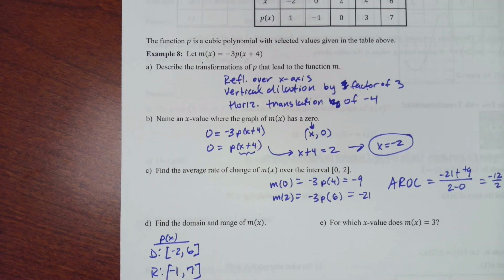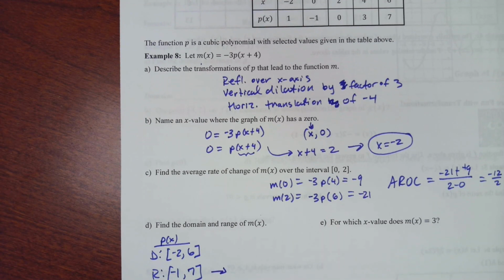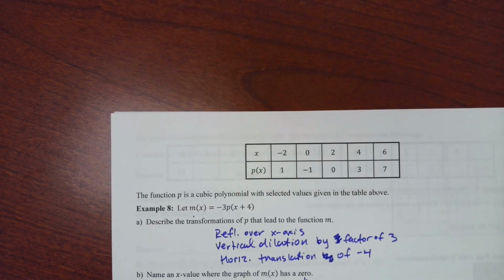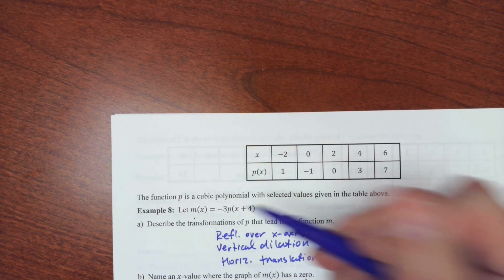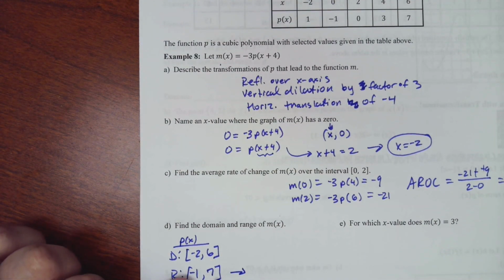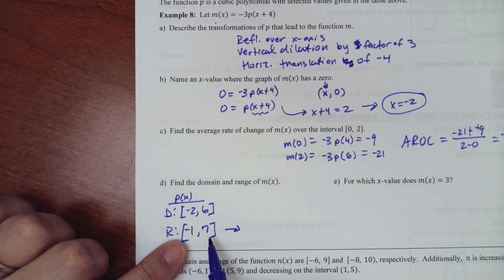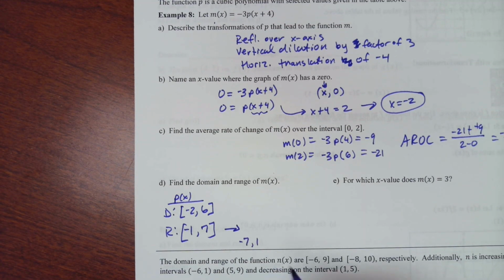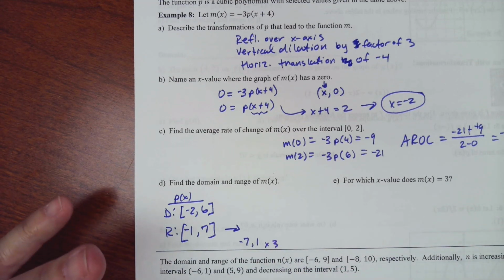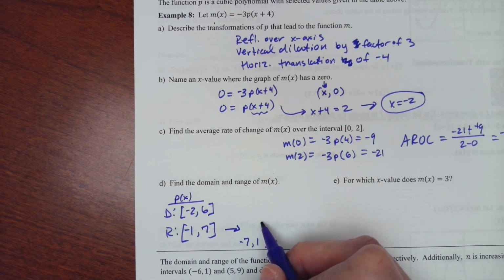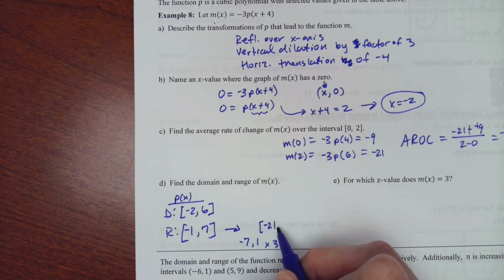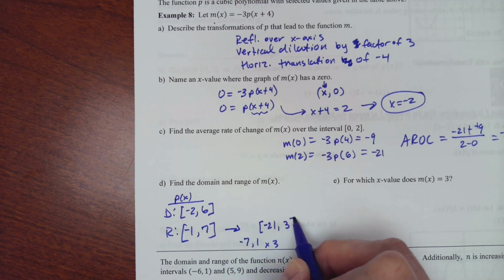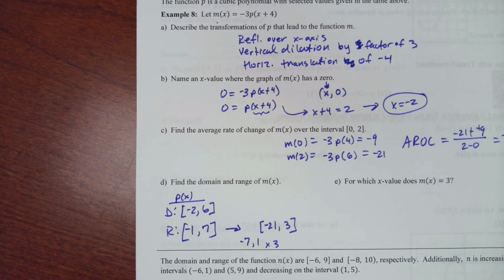Okay, so my y values are reversed in the sense that they're opposite, right? So I'm going to flip the -1 and the 7. It's going to be -7 and +1, right? And then I have to multiply them by 3 because I'm stretching everything by 3. So I'm going to get -21 and +3. Right? I don't know why I did the y values first.